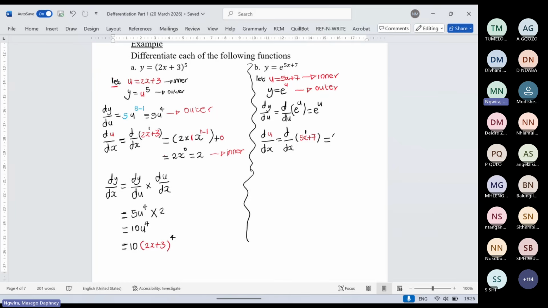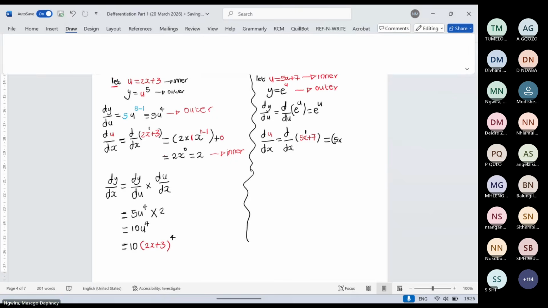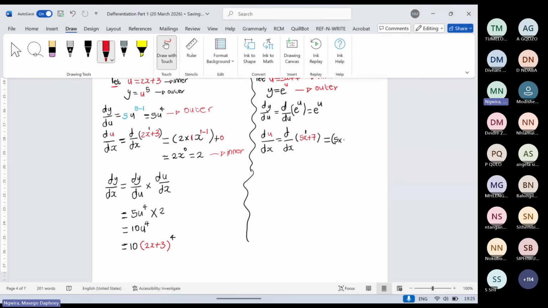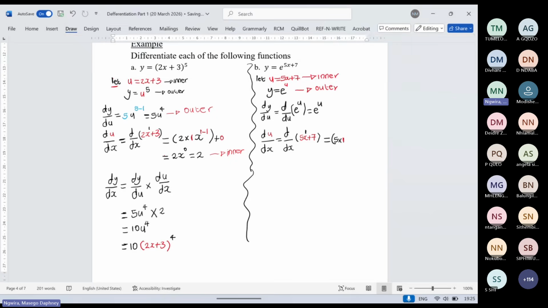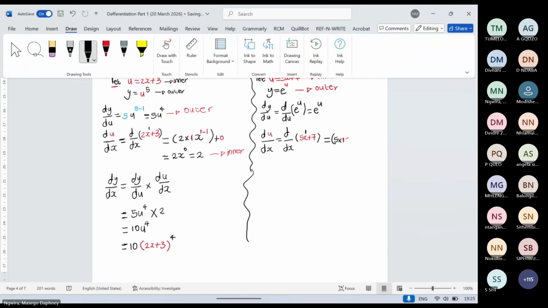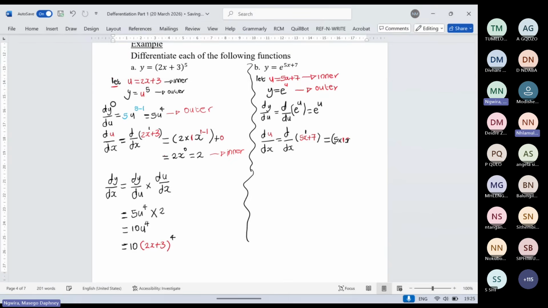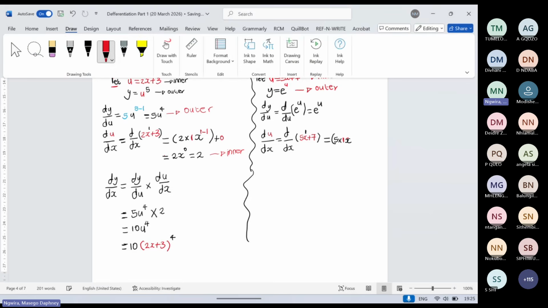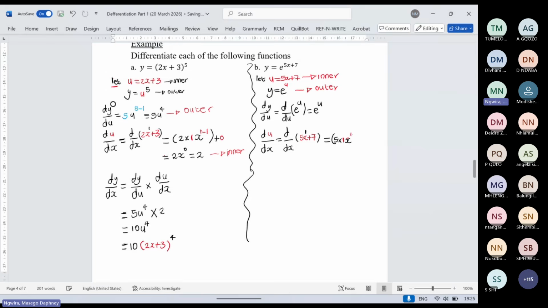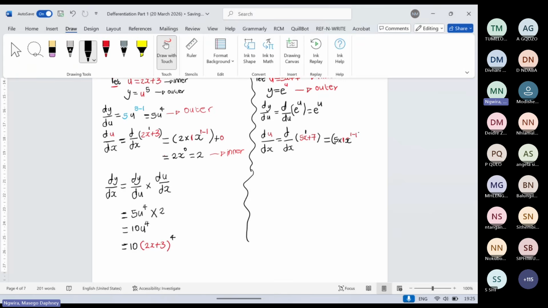Okay, so you take the 5, times x to the power of 1 minus 1, where 1 is represented by n. I'm doing what I've been doing all along, using the longest way to derive 5x.